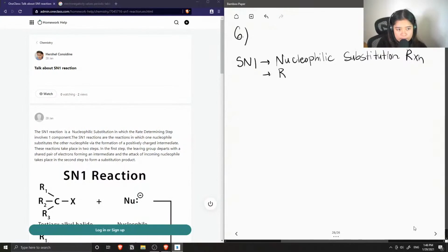Basically, the rate determining step involves one component, which is why they call it SN1. And typically it takes place in 2 steps.